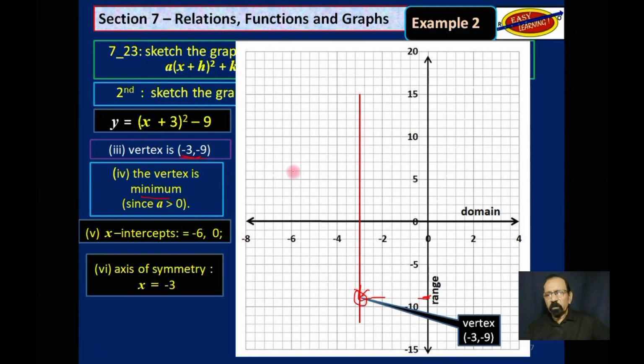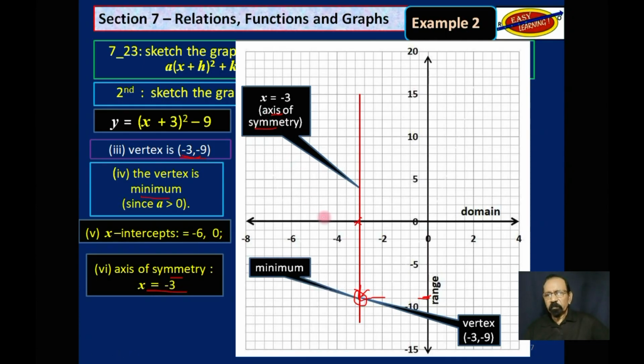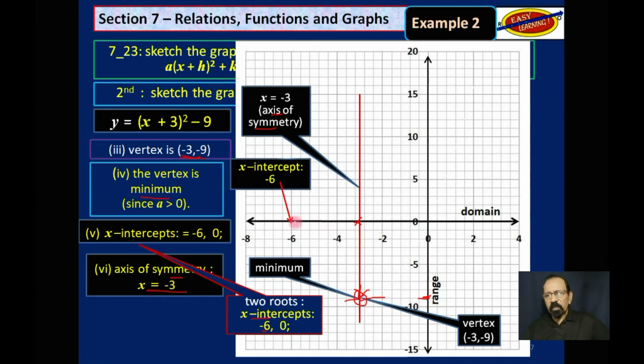We also know the axis of symmetry, which is x equals negative 3. So that is the axis of symmetry. This point here is the minimum. We know the x-intercepts, which are negative 6, 0 and 0, 0. Negative 6 is here, and 0 is here.